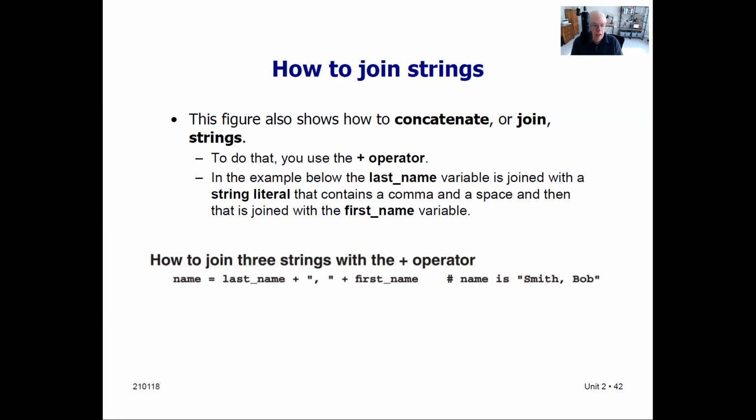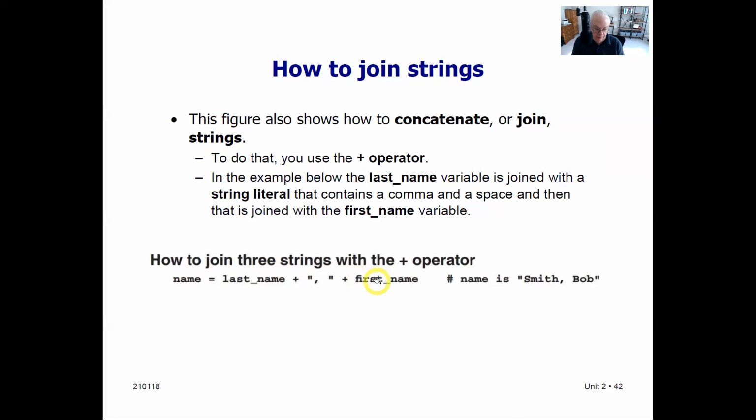So, for example, if we wanted to take a first name and a last name and combine them together to get a whole name, that's what this example here at the bottom does. We want the name to be the last name plus a comma and a space. That is a little string right there, a little bit of data. So that's 2 characters, a comma and a space.